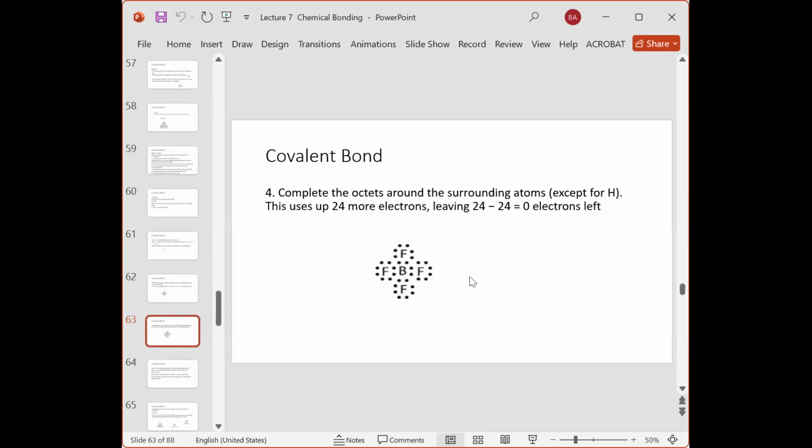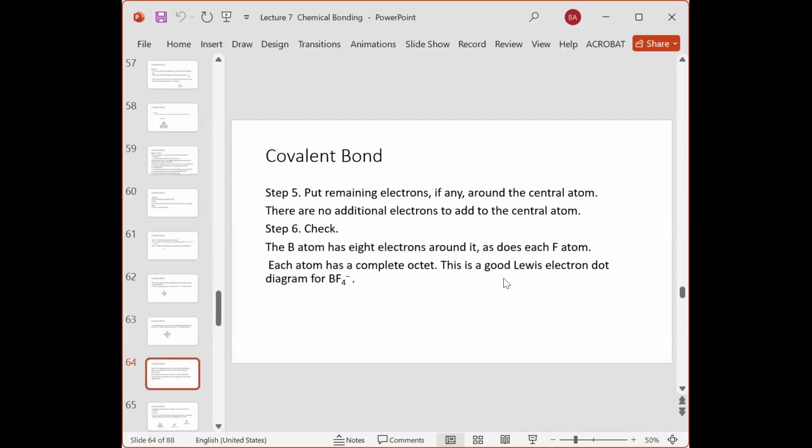Now, what we did is complete the octet around the surrounding atoms, except for hydrogen. This uses up 24 electrons. So 24 minus 24 gives us 0. We have none left. If there were some left, we could have put them on the central atom. And that's it, you're done. The step says put the remaining electrons, if any, around the central atom.